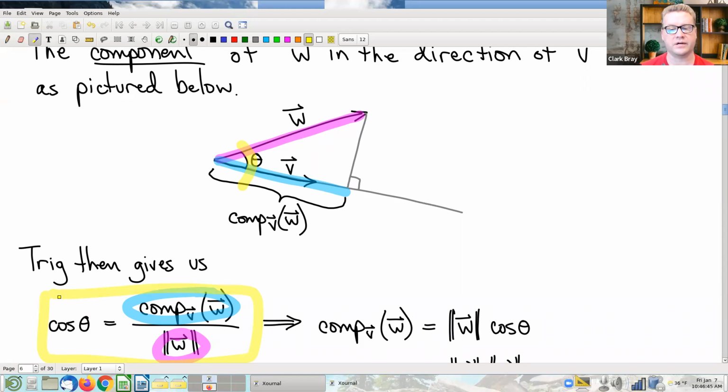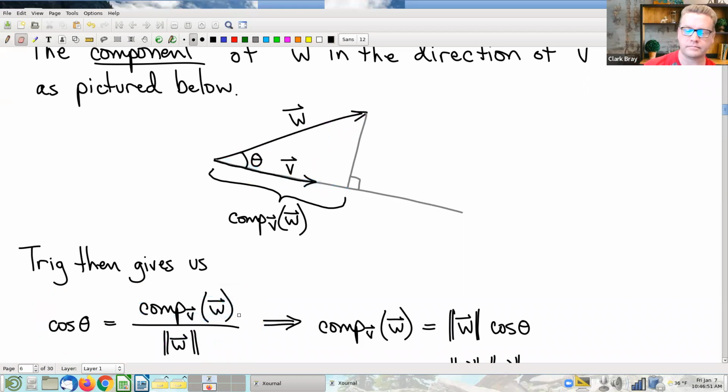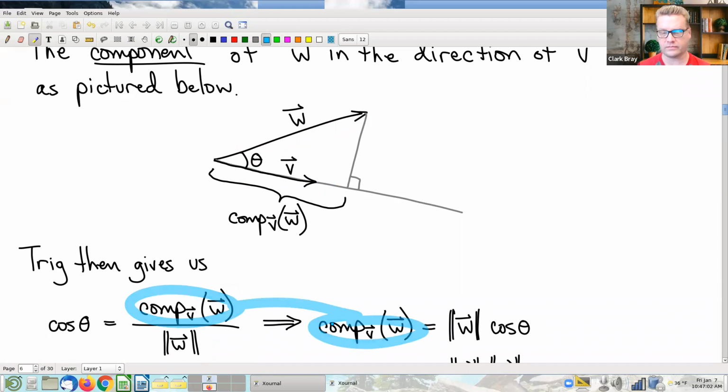That's what cosine is. Cosine of that yellow angle is blue over purple, right? Okay. So fine, then I can solve for what I'm actually interested in, that component. So we solve for it.